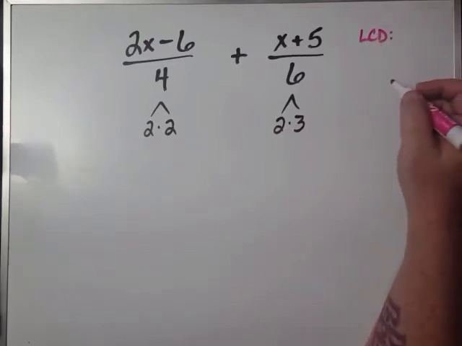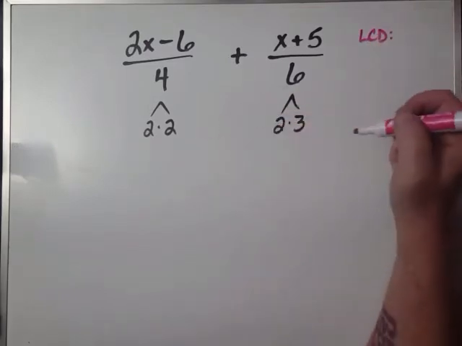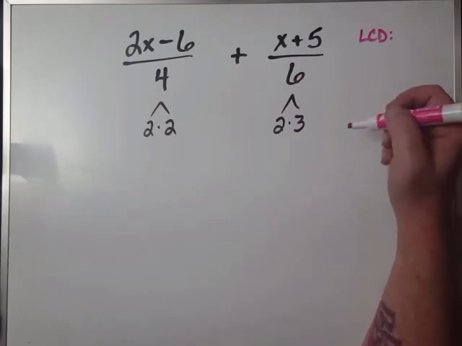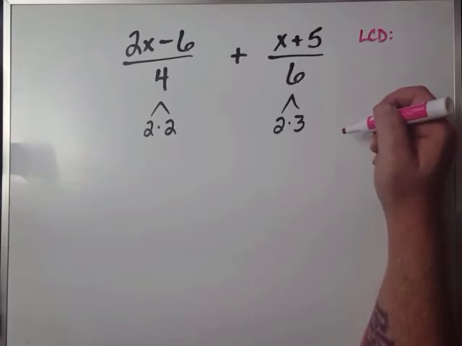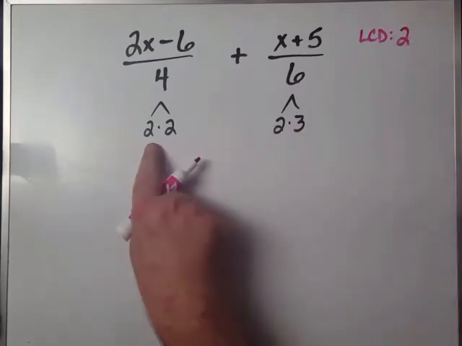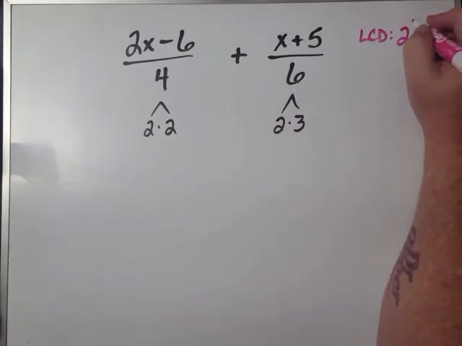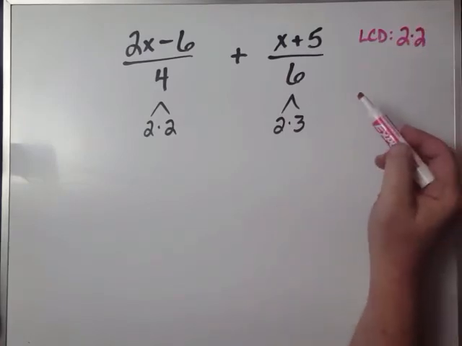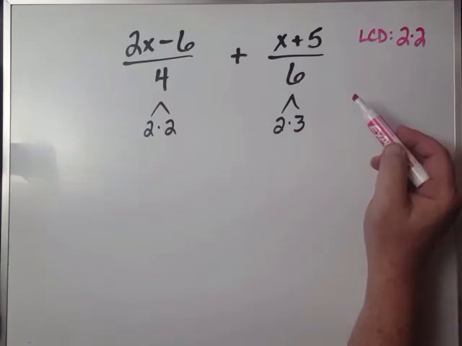The least common denominator is found by taking every different factor I see, 2s and 3s, the most number of times it appears in any one denominator. So I see factors of 2, and at most it appears twice in this first denominator. So 2 squared, or 2 times 2. There are a couple of 2's in my least common denominator.